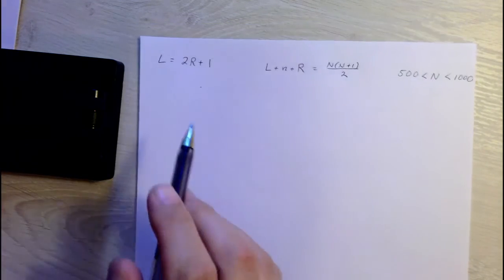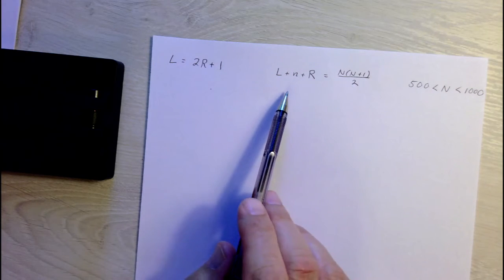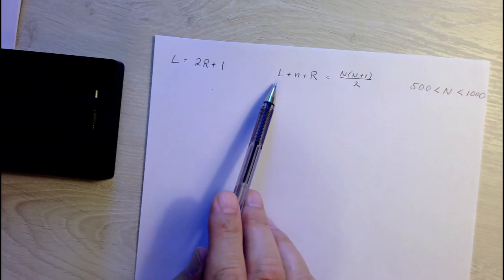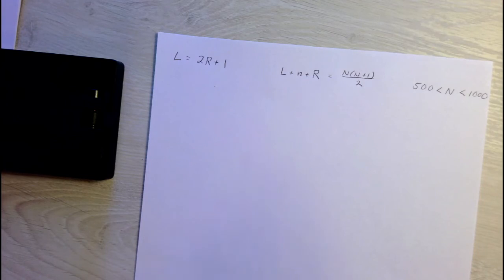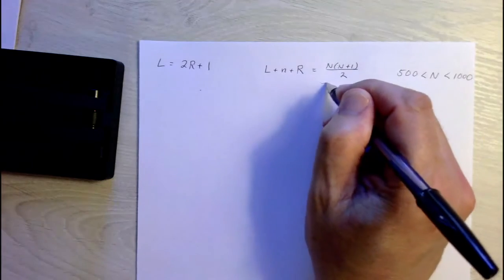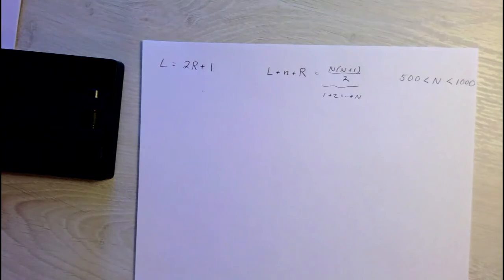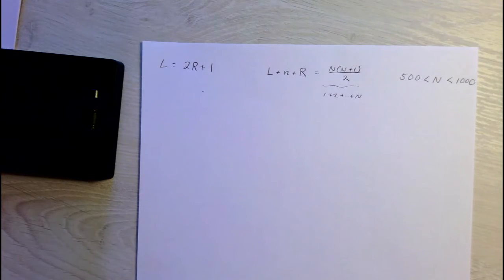So we're trying to find what little n and big N are, given that L is 2r plus 1, and L plus little n plus r is capital N times capital N plus 1 over 2. We can say that now, because in fact this is the sum 1 plus 2 dot dot dot plus N. And then we also have the restriction that n is between 500 and 1,000.